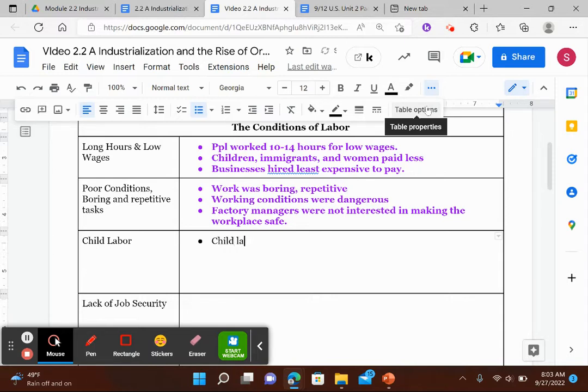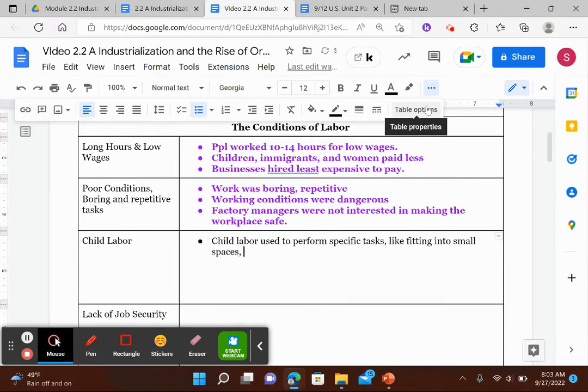So, child labor used to perform specific tasks like fitting into small spaces, using little hands to get into tight machinery.